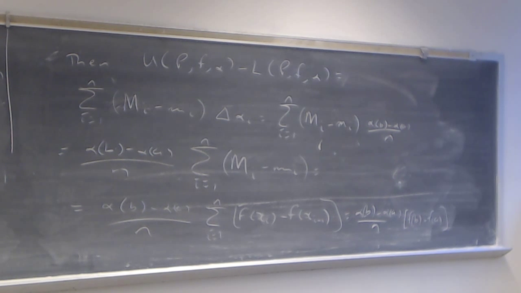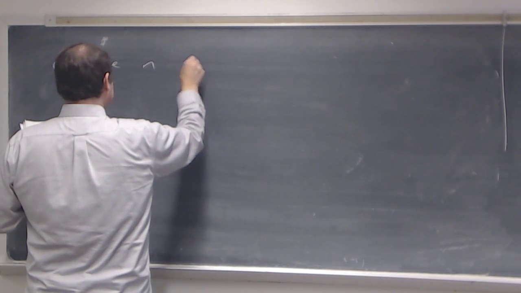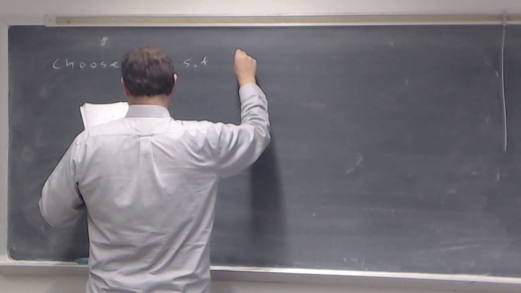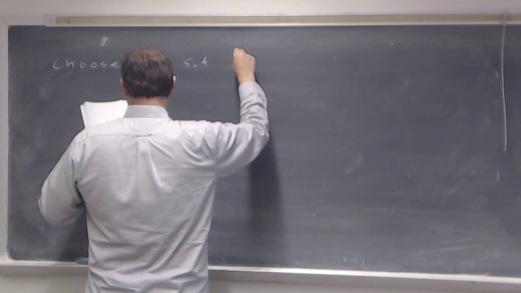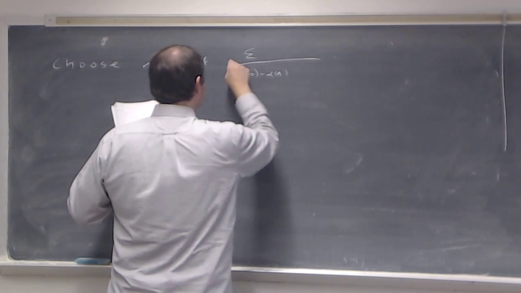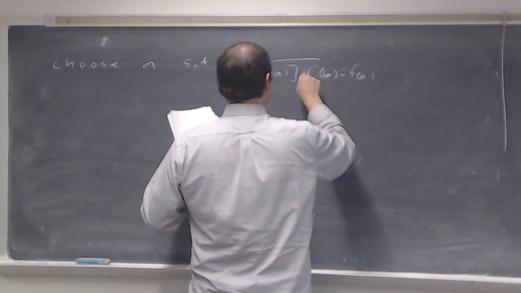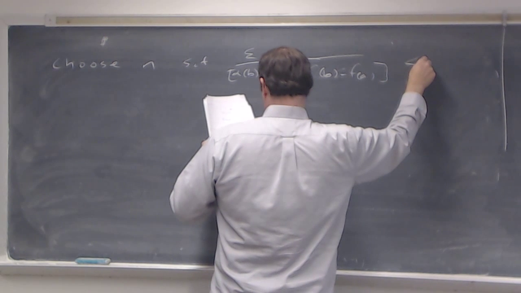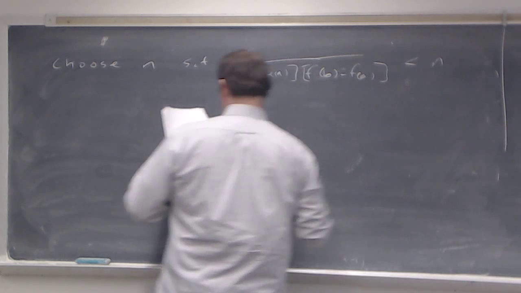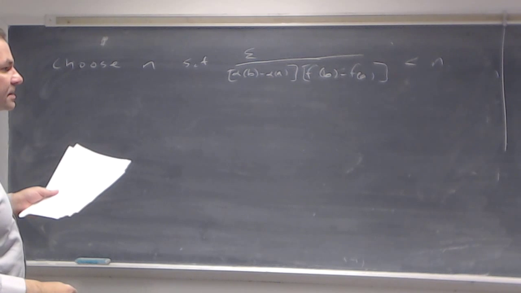So choose n such that epsilon over alpha sub b minus alpha sub a times f of b minus f of a is less than n. So we choose n since that happens.